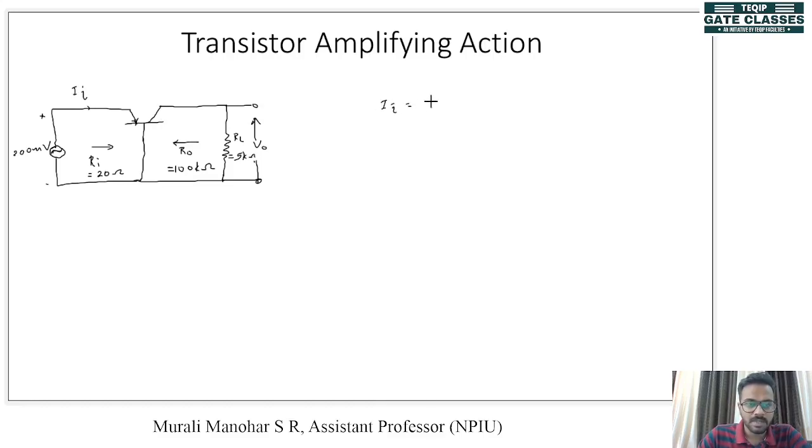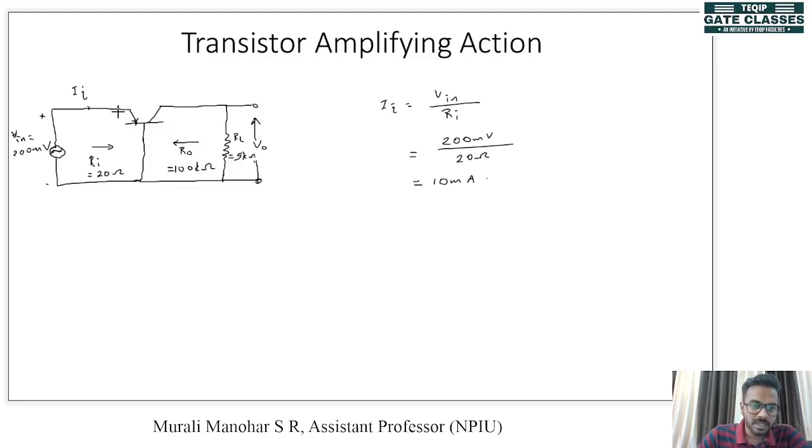II will be equal to V in divided by Ri. V in is 200 millivolt, divided by 20 ohms, that is 10 milliampere. So II is 10 milliampere.